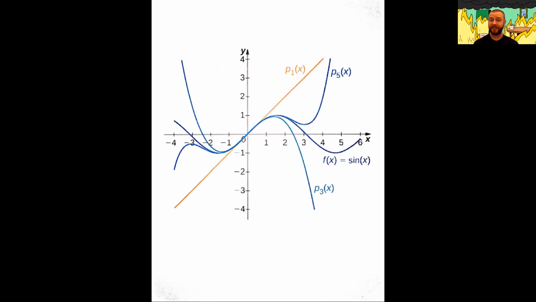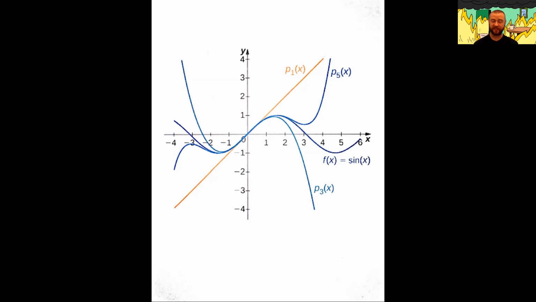And if you were to calculate the linearization of sine of x, you get a function P1 of x that looks like the graph of y equals x. And as it turns out, the linearization of sine of x is just x. So we see a linear function in orange for the first Taylor polynomial of sine of x.